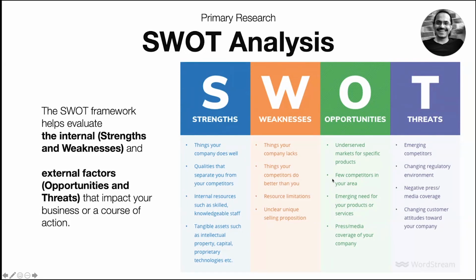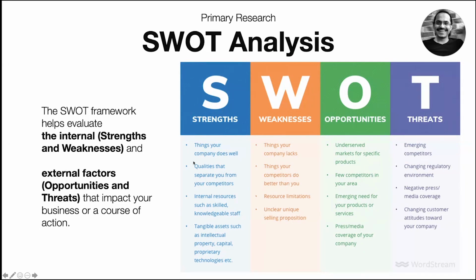Internal is the strengths and weaknesses of the company and the product you're building, and external is the opportunities in the market and the threats.